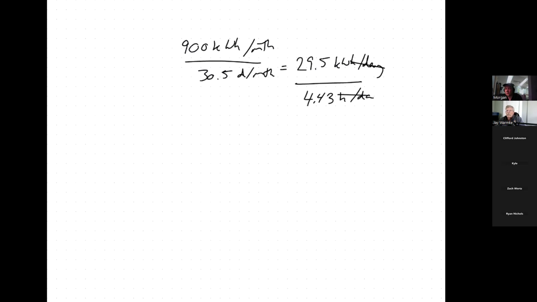So 6.65, and it's going to be kilowatts. So for this site, with this load demand and this amount of hours of insolation, we need a 6.65 kW system if it's 100% efficient.